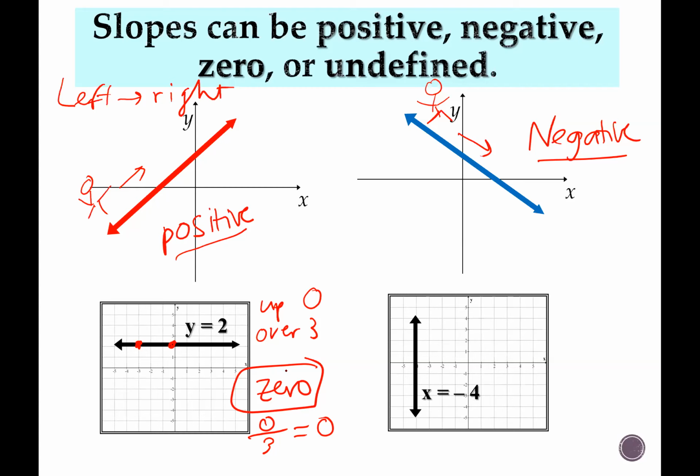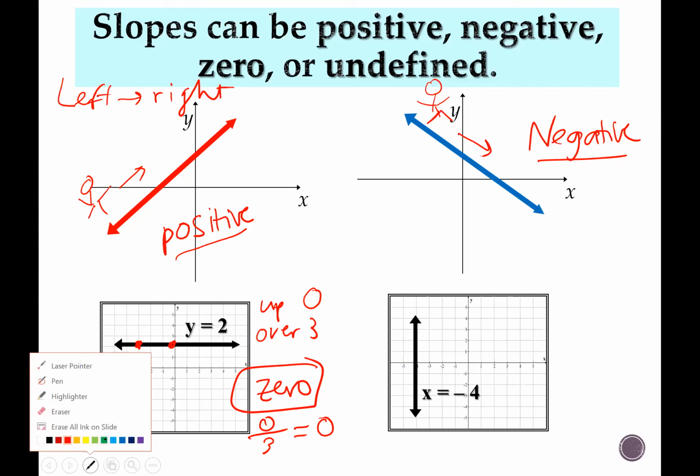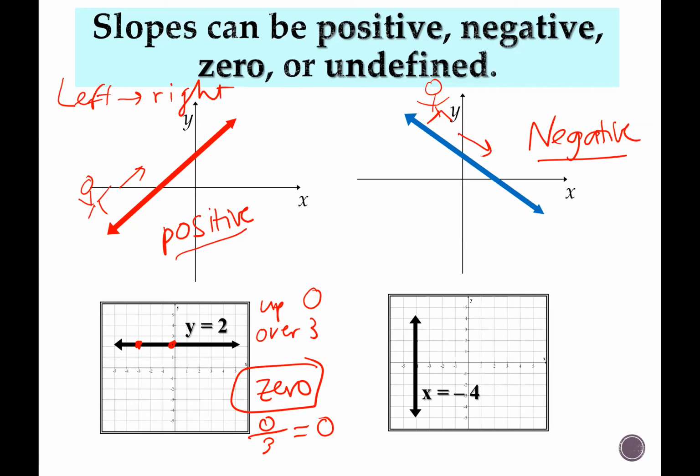And then a vertical line going up and down, this is the kind that has a slope that is undefined. And if you want to count it, pick 2 points on the line. Maybe you'd say you're going up 2 over 0. There's that fraction over 0, can't do that. So that's going to be undefined. So the 4 types again, going up from left to right is positive, going down from left to right is negative, just sort of a flat line, that's 0.